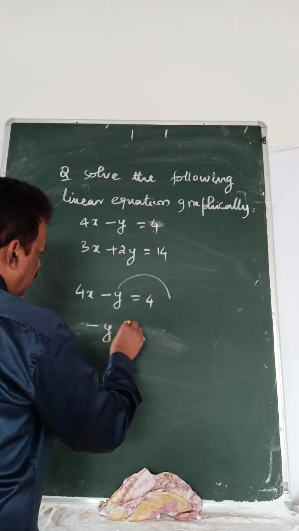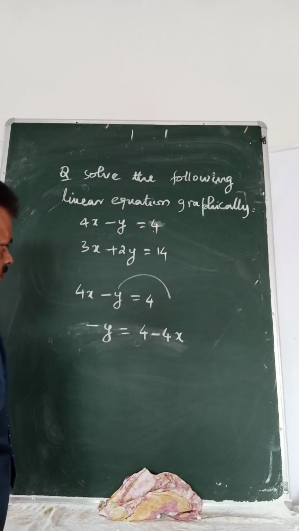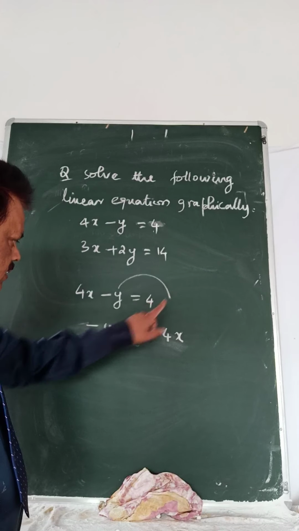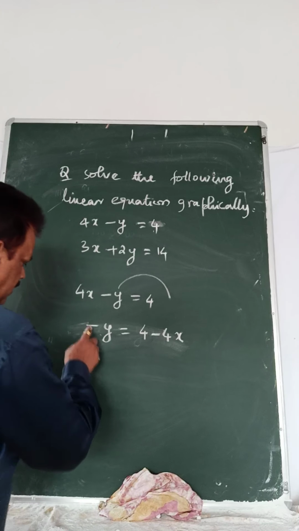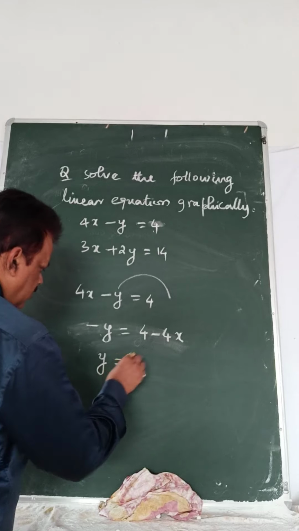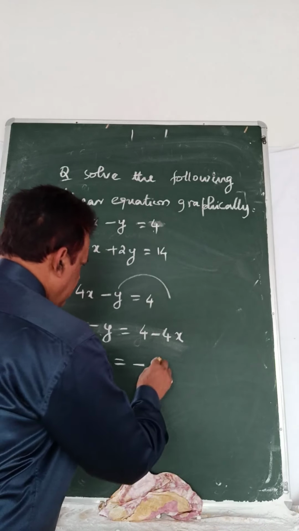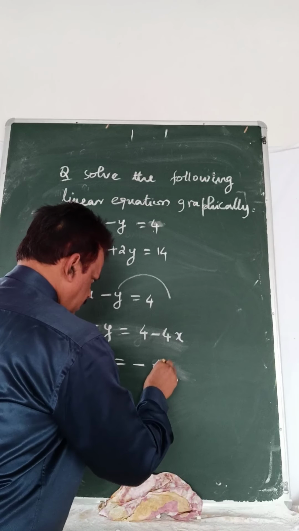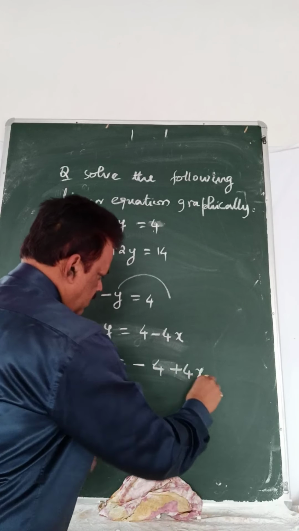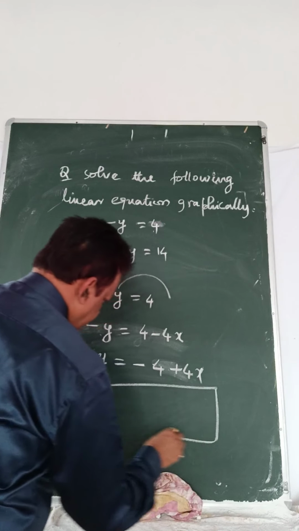Minus y equals 4 minus 4x. Okay, 4x you take this side, so it will be easy for us. Minus y to plus y, y equals, plus will be minus, minus will be plus. This is easy.